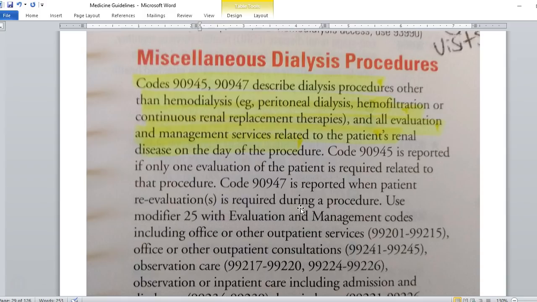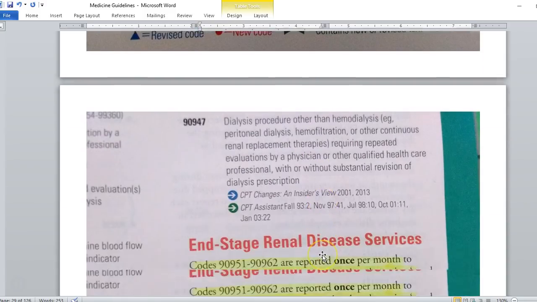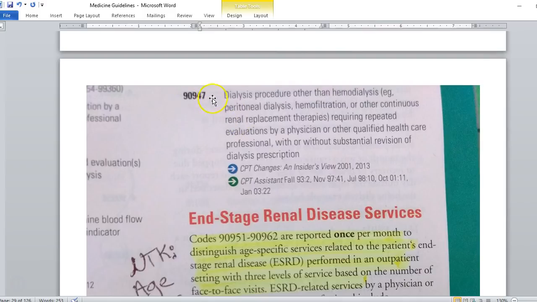Okay, so again, when we look at these codes, they can be used with other E&M codes as well. And you can see here under the 90947, dialysis procedure other than hemodialysis. Again, peritoneal dialysis, hemofiltration, and other continuous renal replacement therapies. So 90945 is for one evaluation, 90947 is for multiple with or without revision of the prescription.